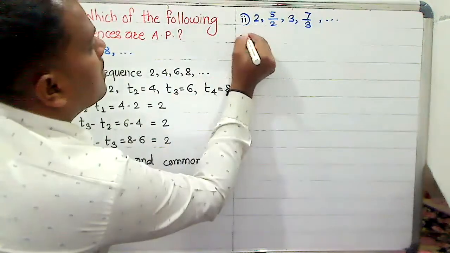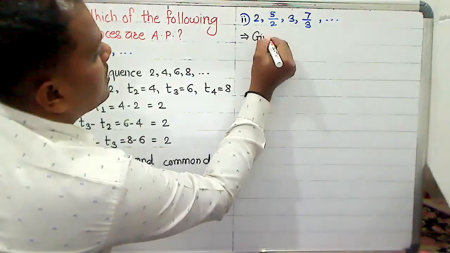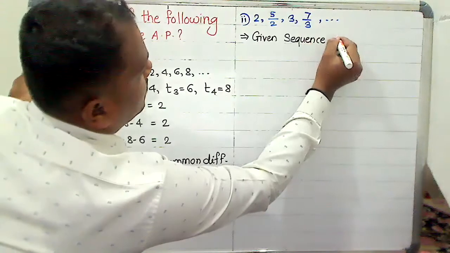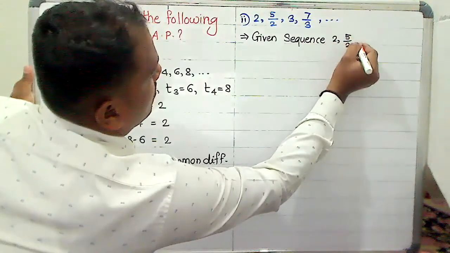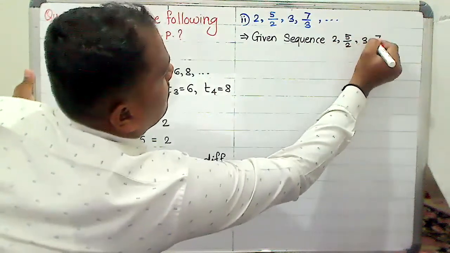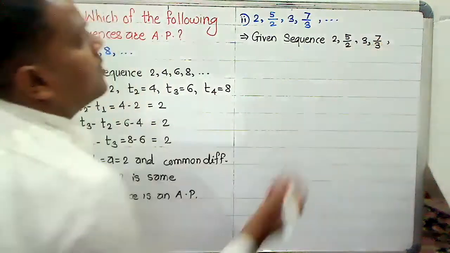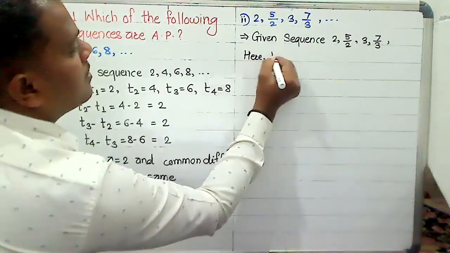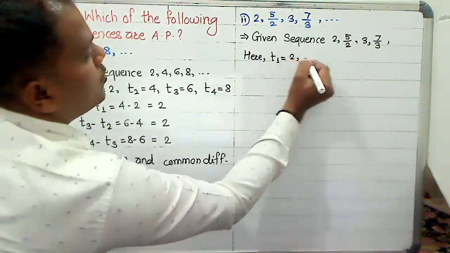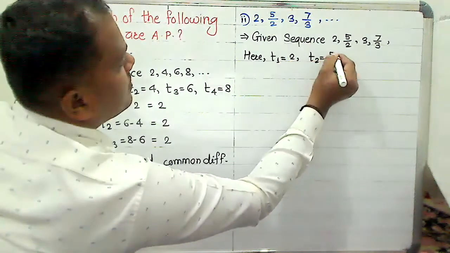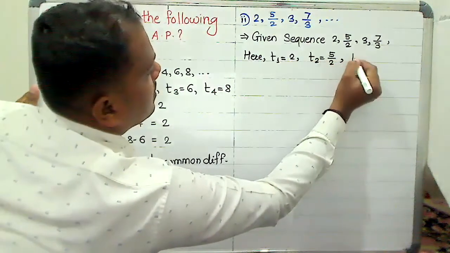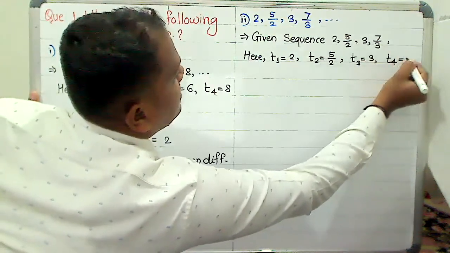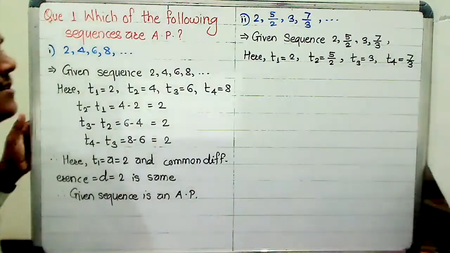First of all, write the given sequence: 2, 5 by 2, 3, 7 by 3. Here T1 is 2, T2 is 5 by 2, T3 is 3, and T4 is 7 by 3.